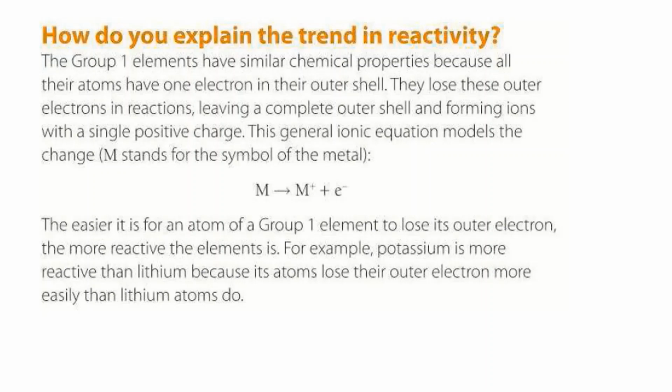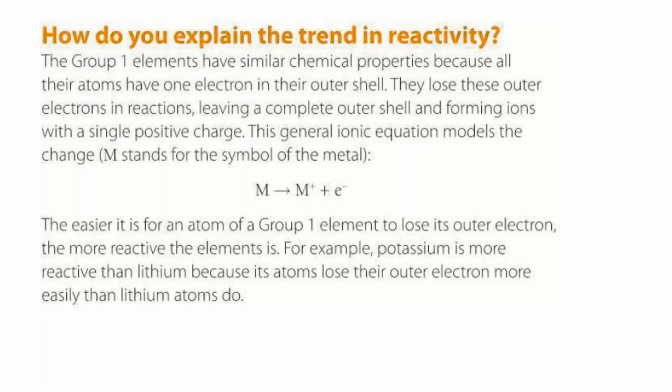How do you explain the trend in reactivity? The easier it is for an atom of a group 1 element to lose its outer electron, the more reactive it is. Because the electron is further away from the nucleus, it is more reactive because it wants to get rid of that extra electron.